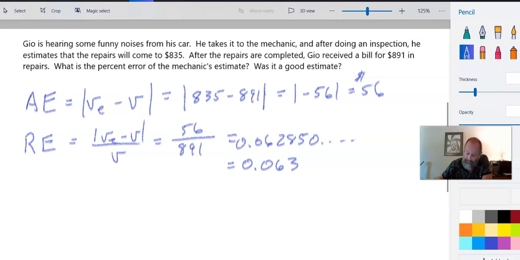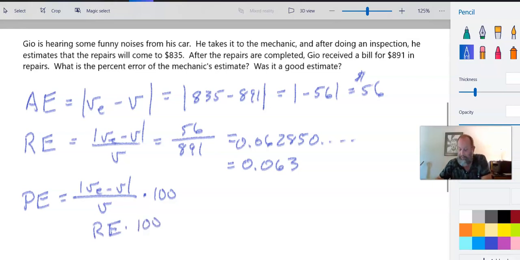Now, what it's asking for, though, is the percent error. And the percent error is just the relative error times 100. Since we already know what the relative error is, this whole first part is already computed. So we can just think of it this way: the relative error is 0.063, times 100 is going to be 6.3%.